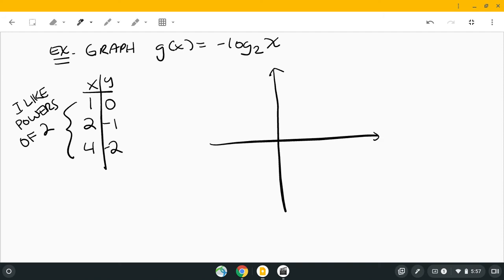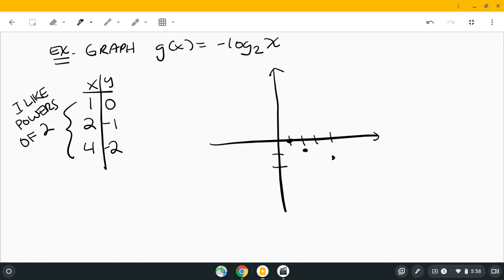Oops, that's a -2, because we have this negative over here. So we have (1, 0), (2, -1), and (4, -2).